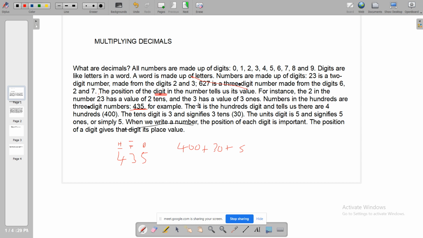Now all that we've done here, you can see 3 tens means that 3 times 10 will give you 30. The unit digit is 5, and it signifies 5 ones. When you use the word unit, it means 1.